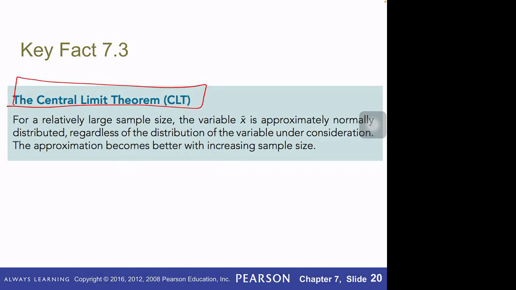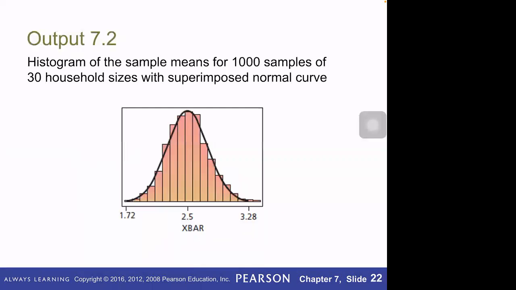This is the theorem I used to solve question number 28 or 29, if I remember correctly. For relatively large sample sizes, the variable x bar, the sample mean, is approximately normally distributed regardless of the distribution of the variable. The approximation becomes better with increasing sample size. By using this theorem.